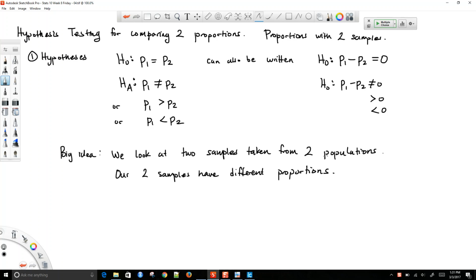So the question is, if our two samples are different, does that mean the respective populations are different as well?